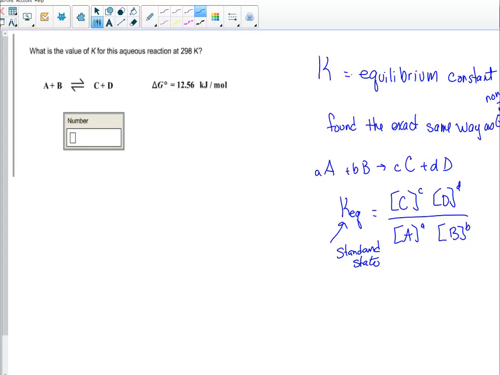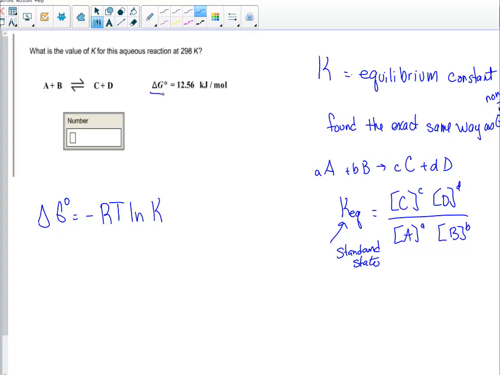Alrighty. So what we know from our formula, delta G at a standard state condition is found by taking negative RT natural log K. What is the value of the equilibrium constant for this reaction at 298 Kelvin?